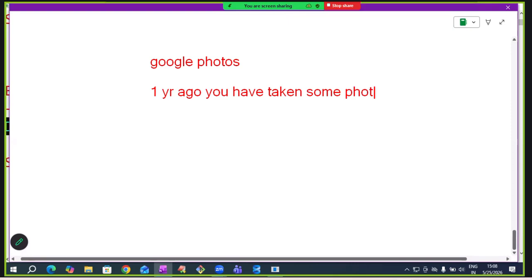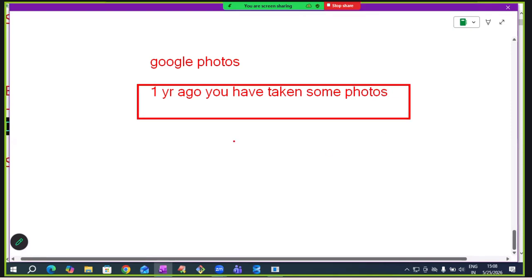Sometimes Google Photos sends us a notification like this: a sweet memory for you from 1 year ago. 1 year ago, you took these photos, some photos, sweet memories for you. So Google Photos automatically displays 1 year ago photos to you.